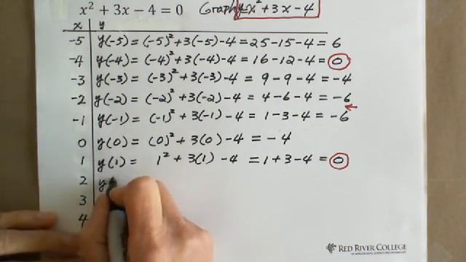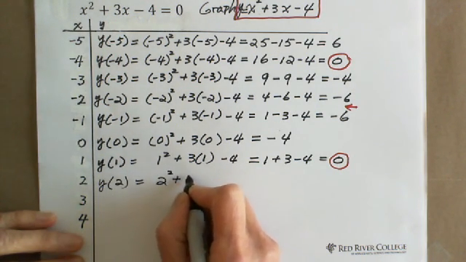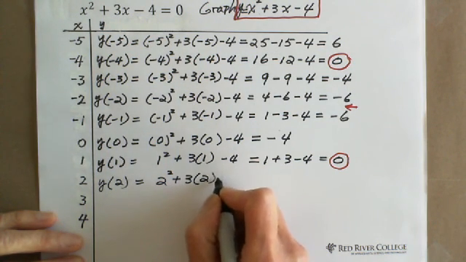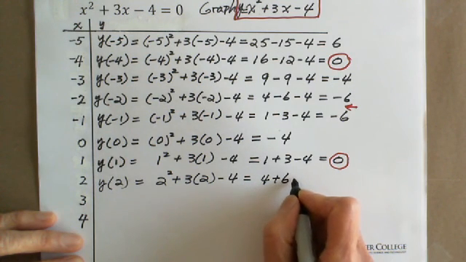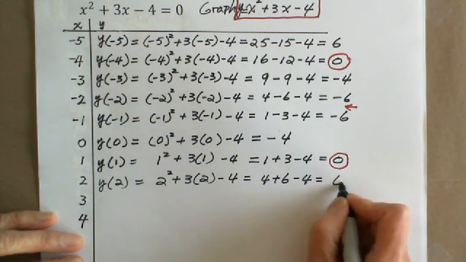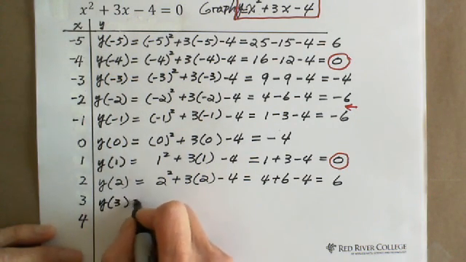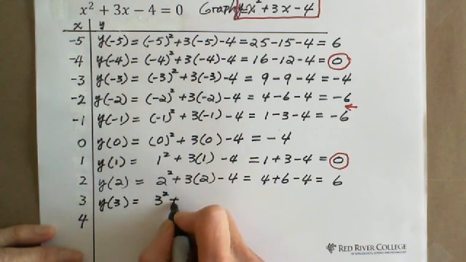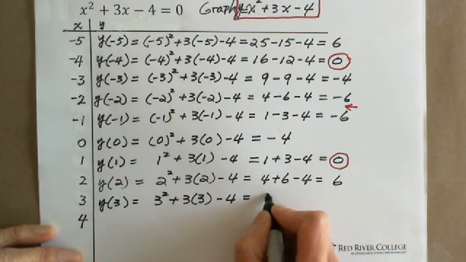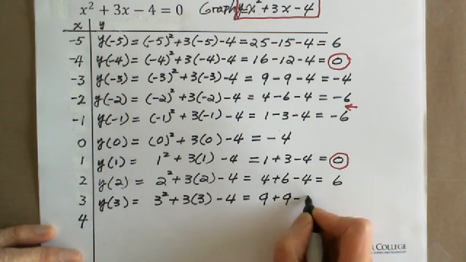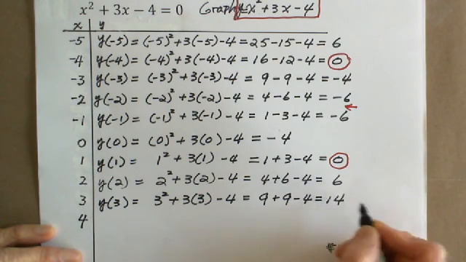And y when x equals 2: 2 squared plus 3 times 2 minus 4 gives us 4 plus 6 minus 4, we got a positive 6. And when x equals 3, it's 3 squared plus 3 times 3 minus 4, 9 plus 9 minus 4, which is 18 minus 4, 14.